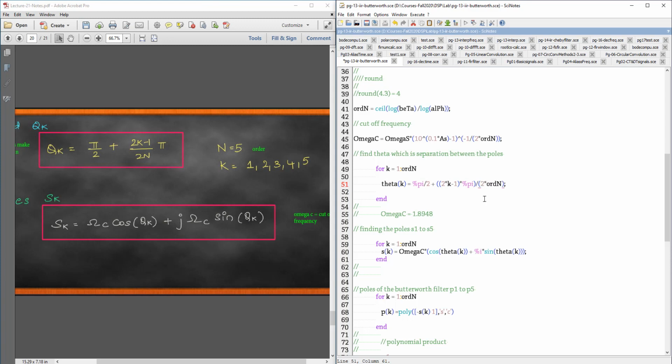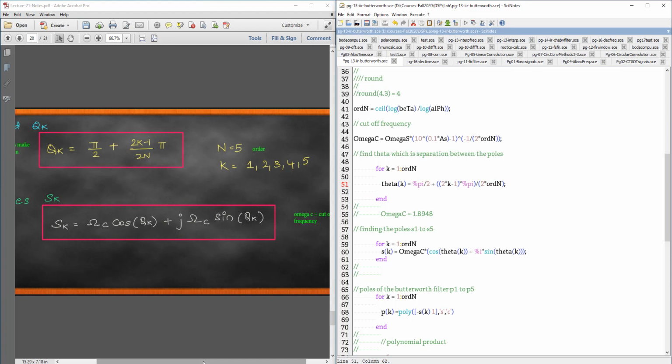I'll put a bracket so that this is done first, just to make sure it happens in the right order. Okay, good. So that is your theta of k.